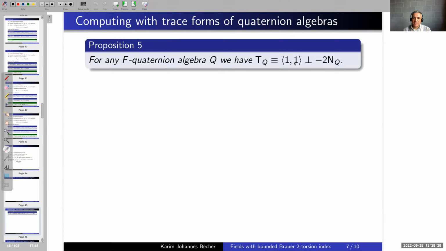But instead of twice the entry 2, I can also add twice the entry 1, because that is exactly the same form: 1, 1 or 2, 2 will be the same quadratic form. So you have this basic relation between the trace and the norm form of the quaternion algebra. Here we have a 6-dimensional form, of course, and here we have a 4-dimensional form, but let's record this information like this. It will be used now.